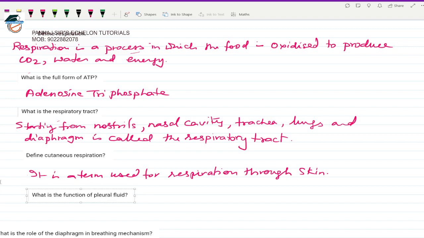Next is what is the function of pleural fluid. Pleural fluid is a fluid present in the double layered pleural membrane.